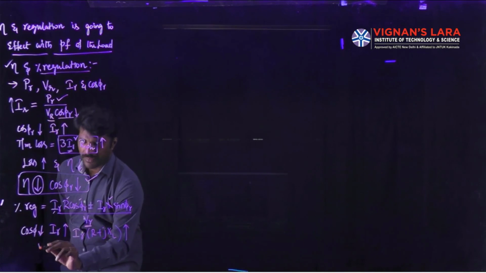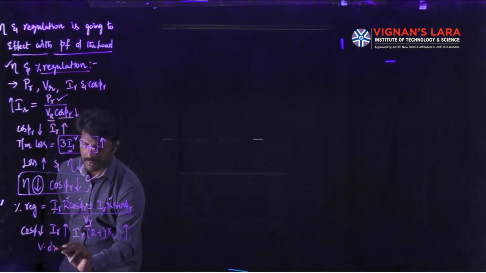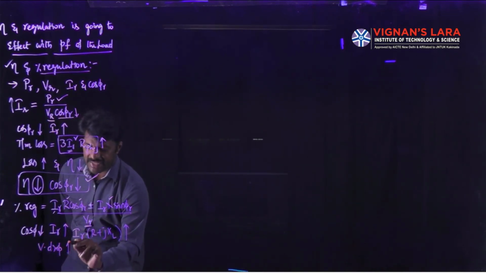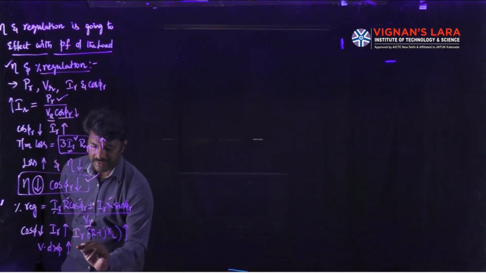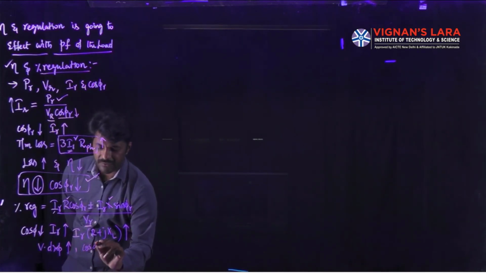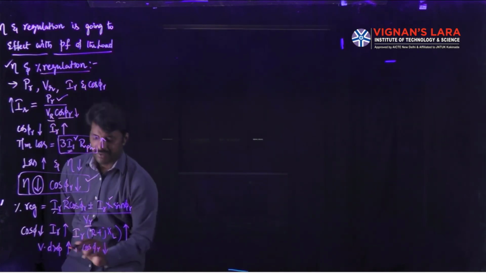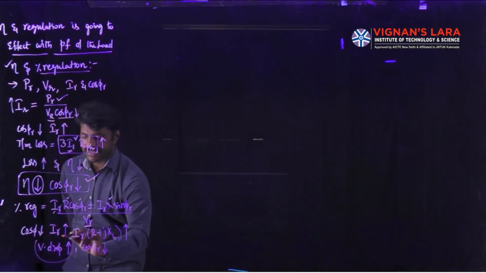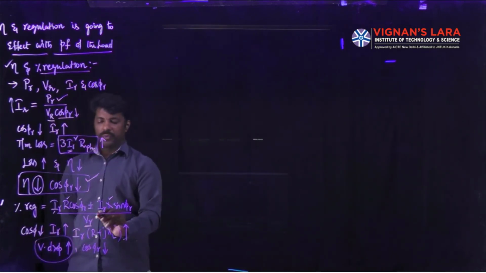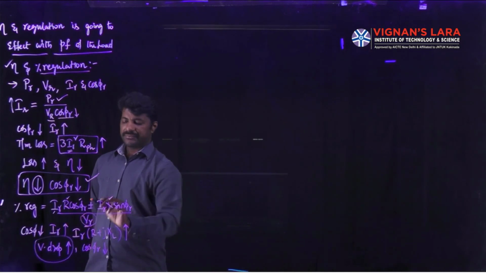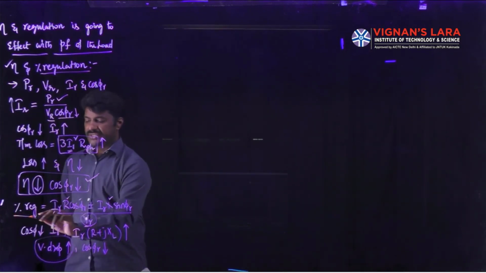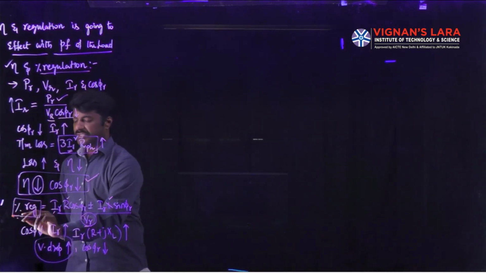That is, the voltage drop in the transmission line increases with decreasing power factor. If the voltage drop increases, then on the receiving end side we won't get the demanded voltage. There is a large deviation in the percentage regulation.